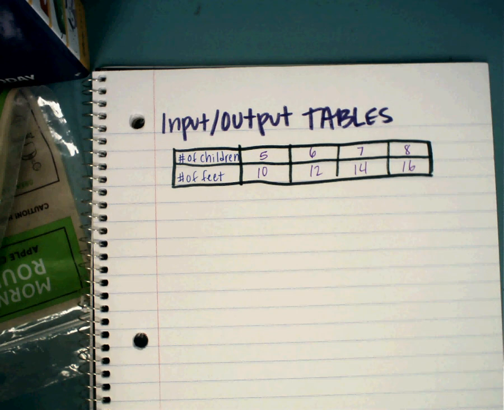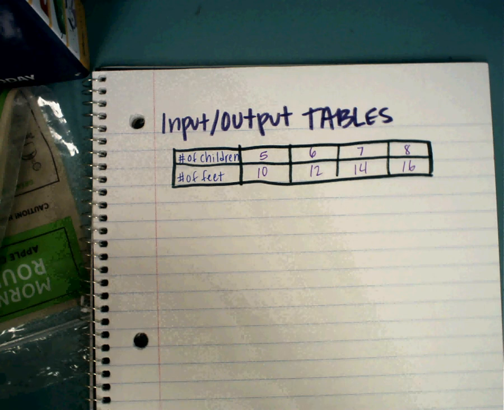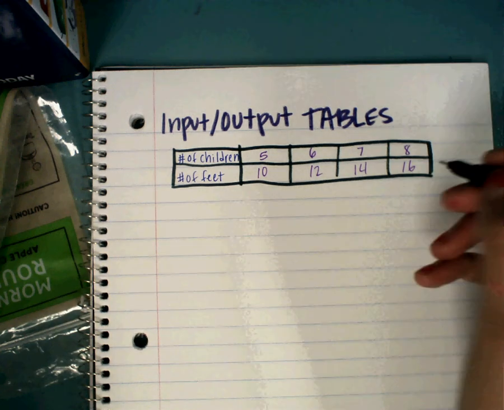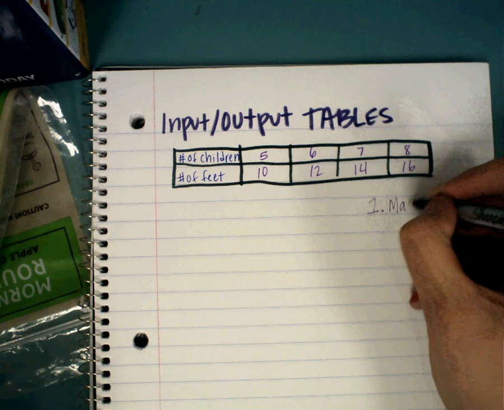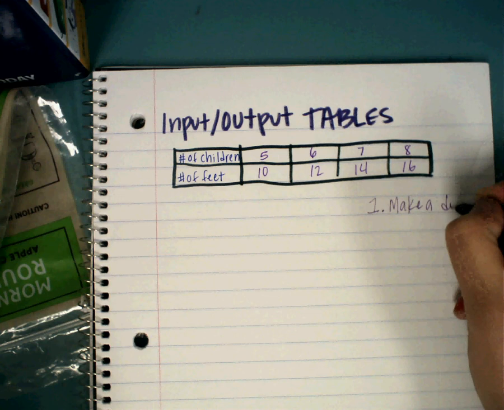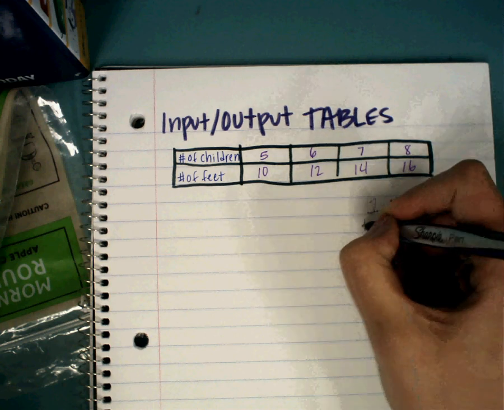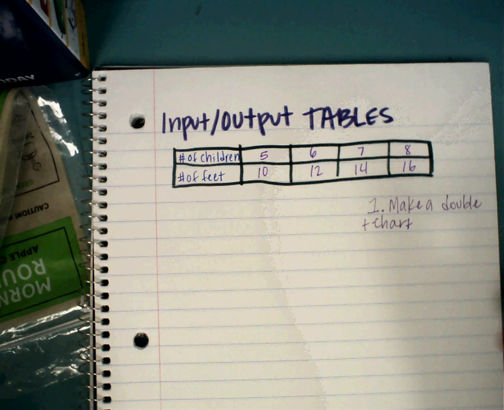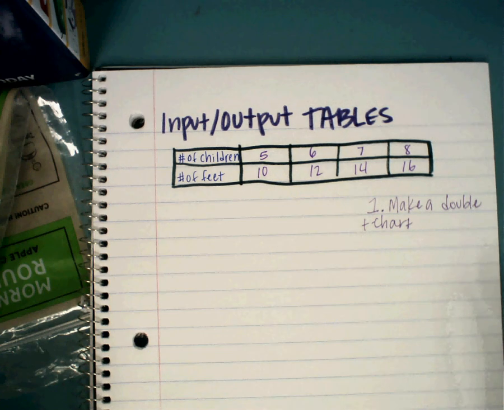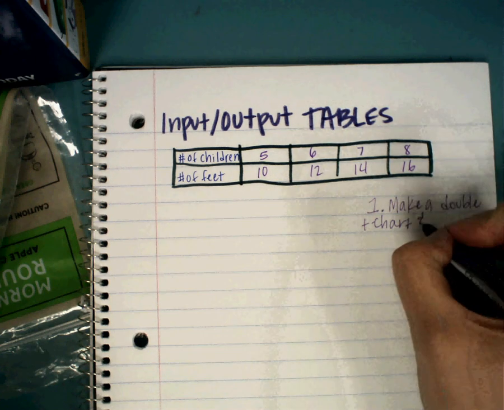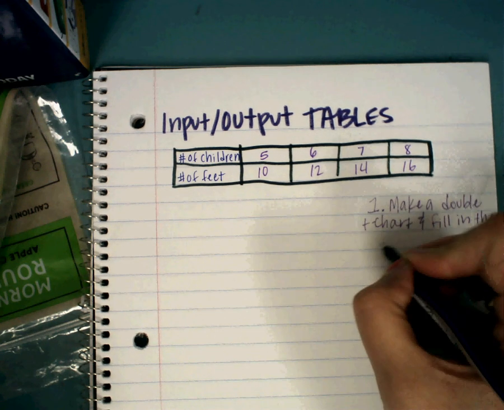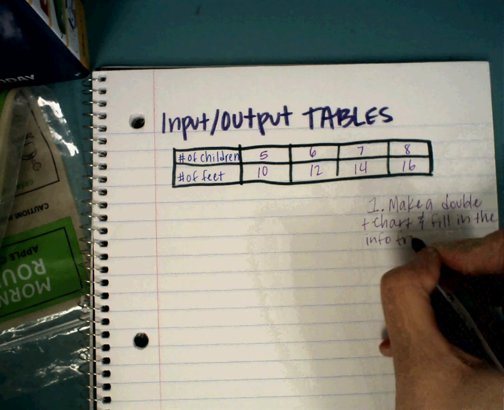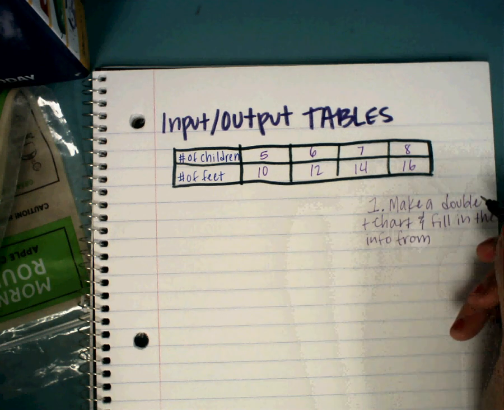Okay, so step 1: make a double T-chart and fill in the information from your table, okay?